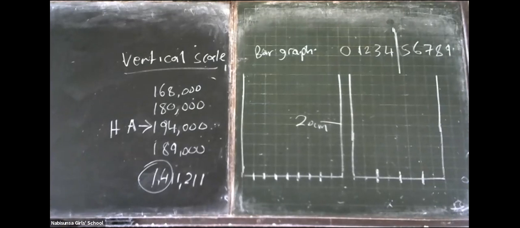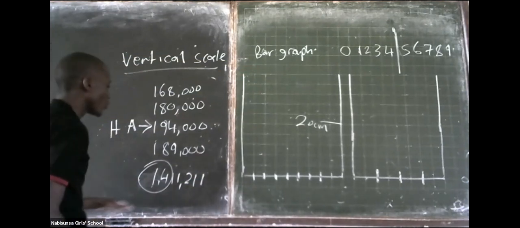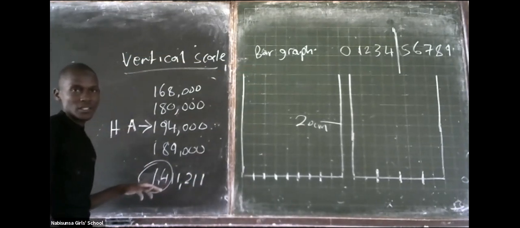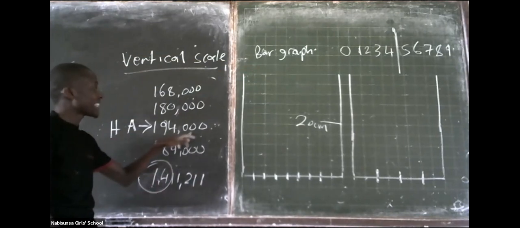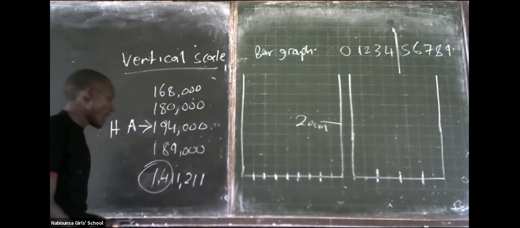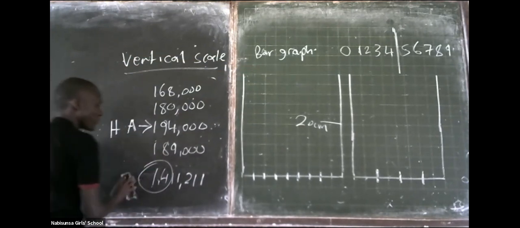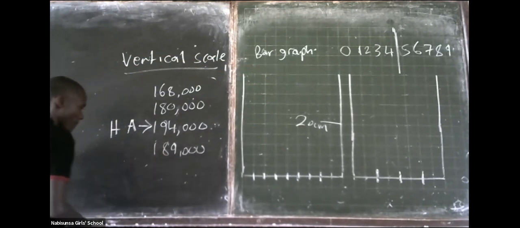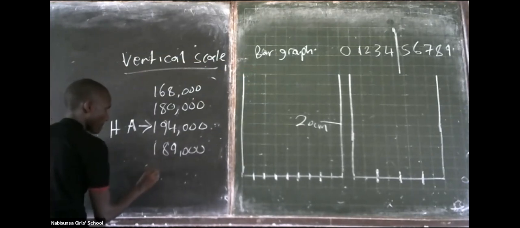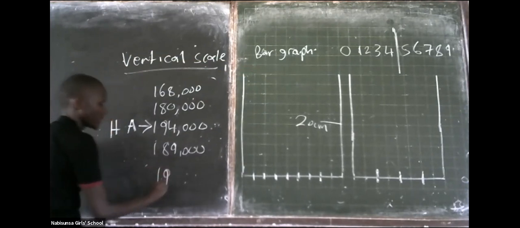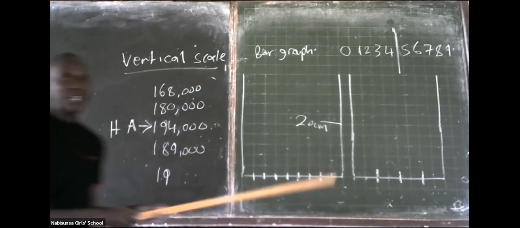If at all you want to represent all the information, our energy is supposed to be on the first two numbers. Am I clear? On the first two numbers of that highest amount. So our highest amount, what are the first two numbers? 19.